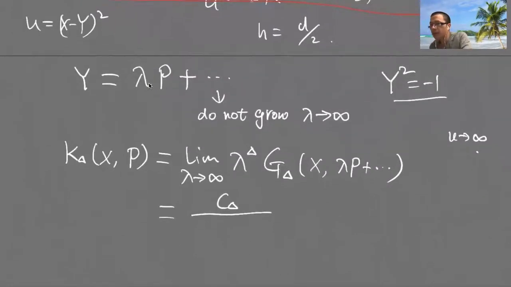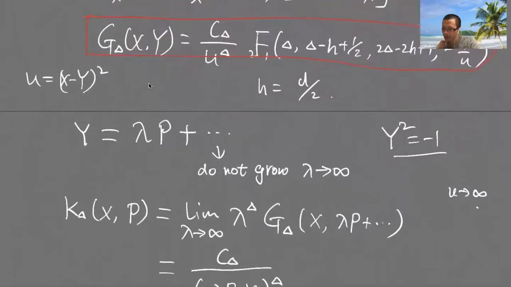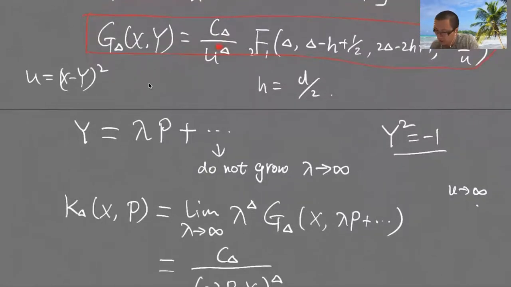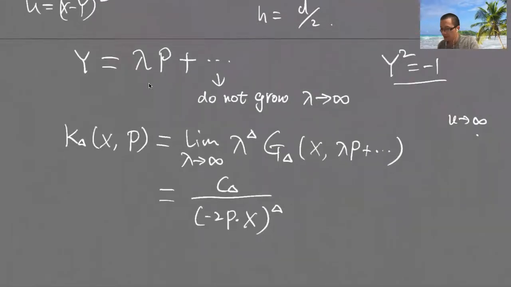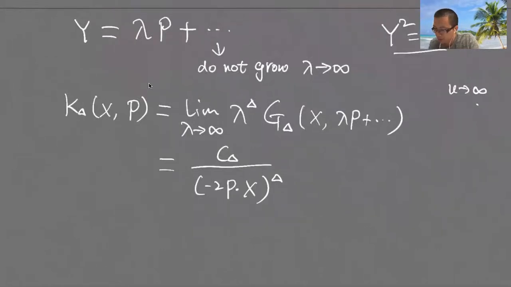So let me see how I divided by minus 2p dot x to the power delta. Okay, this is coming from this factor. We will actually write this in a Schwinger representation.